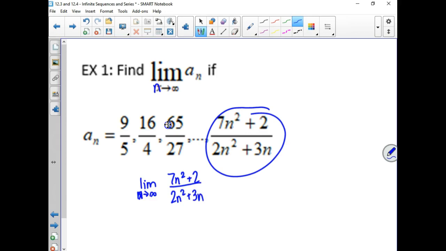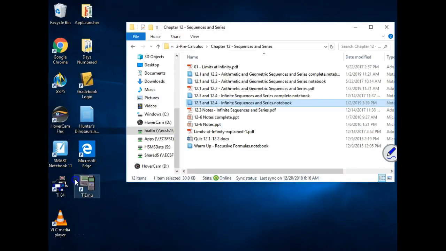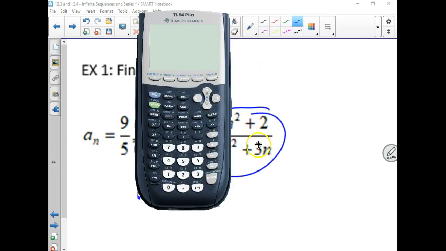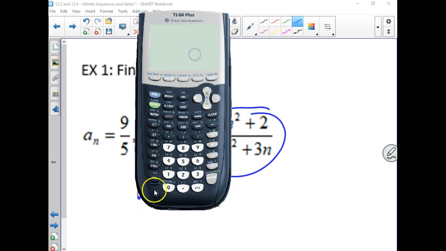So one thing we could do is type this into our calculator and look at really big numbers, but sometimes that doesn't help very much. So let's do that here just to see if it helps us any. Because your whole test will be calculator active, so this is an option anytime you do this.